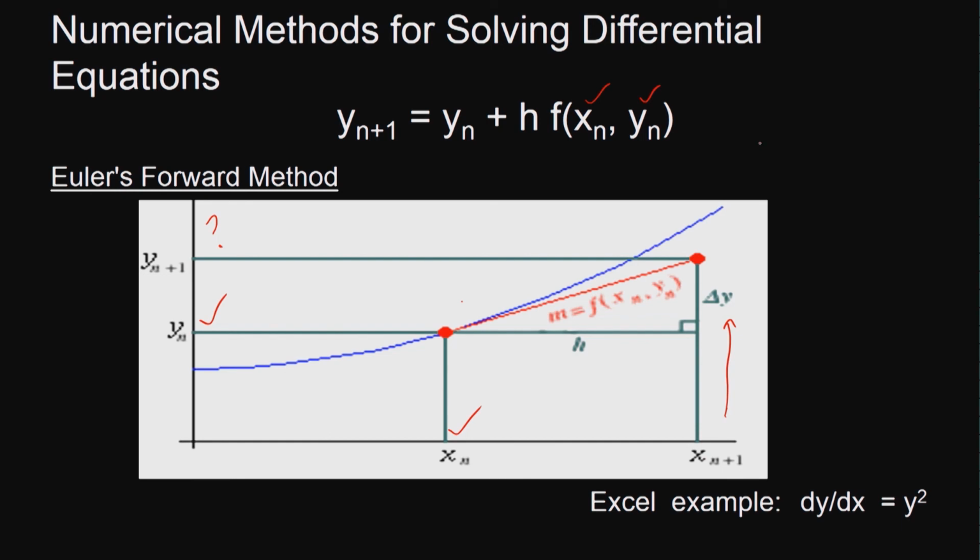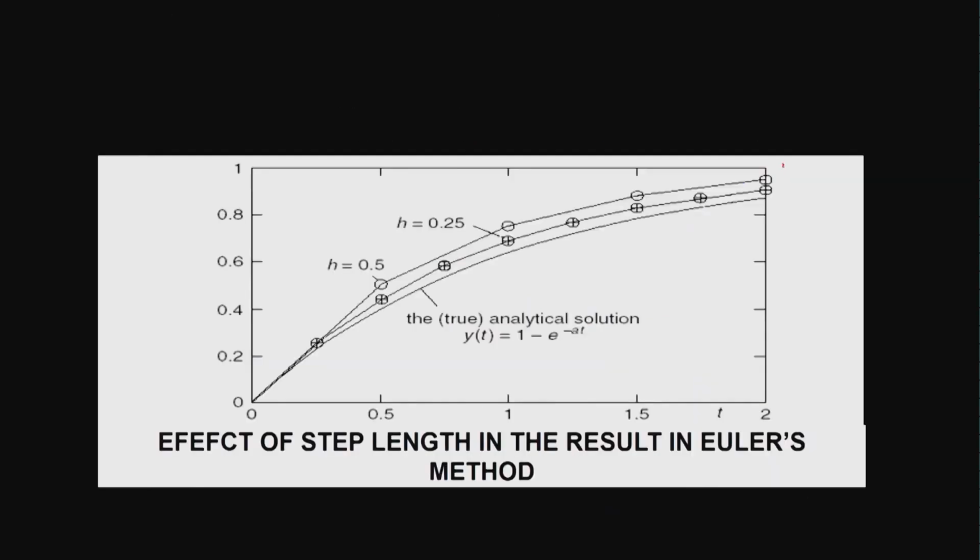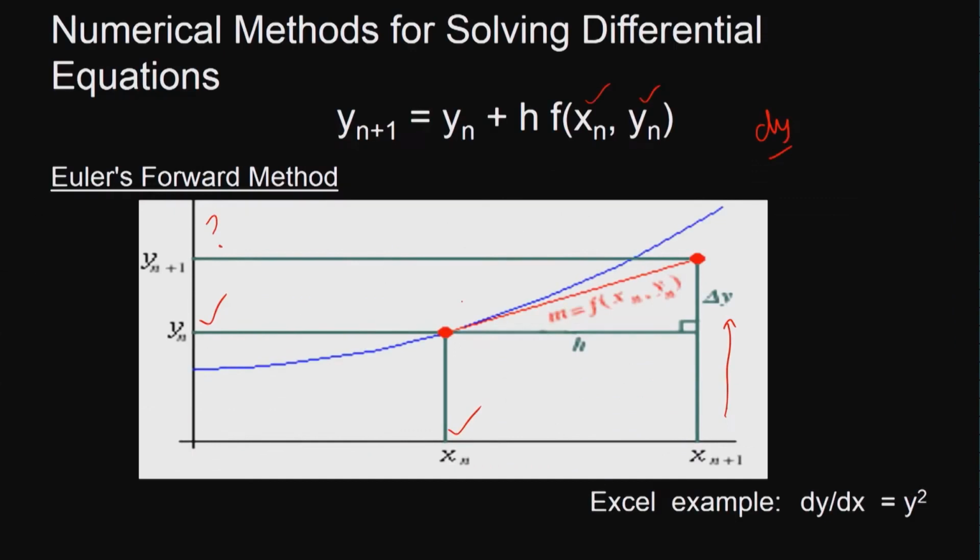So we have dy by dx equal to f of x, y. So we take delta y by delta x equal to f of x, y.